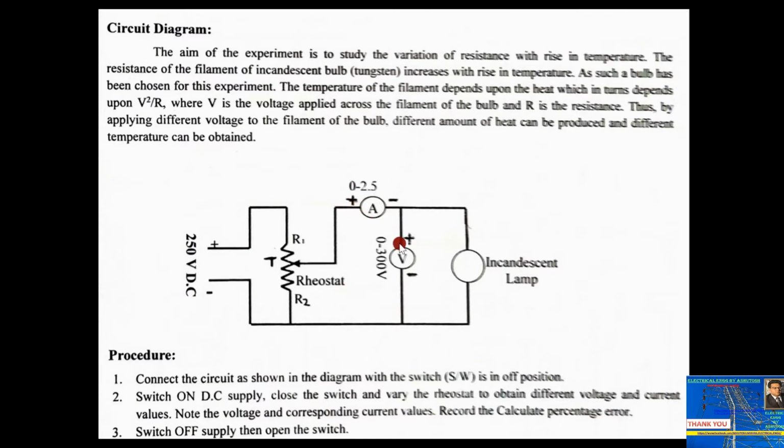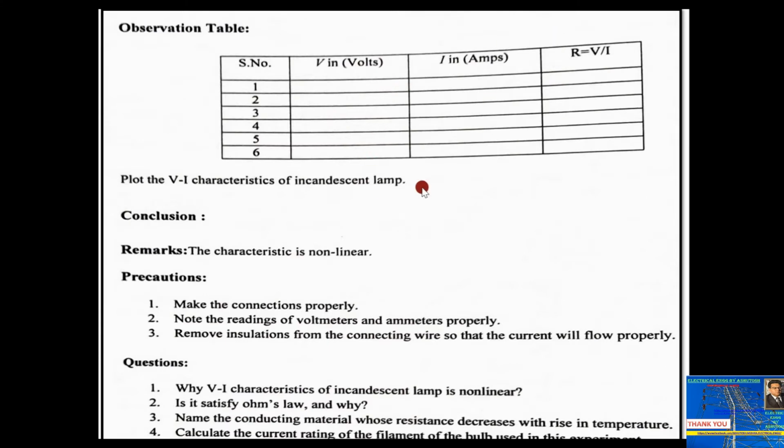This is the observation table, where one column belongs to voltage, one belongs to current, and this is the resistance column. Once we get the values of voltage and current, we can calculate R is equal to V upon I for each set of readings, like 1, 2, 3, 4, 5, 6. We can take as many readings as possible.